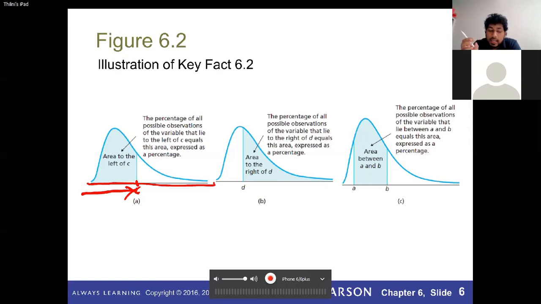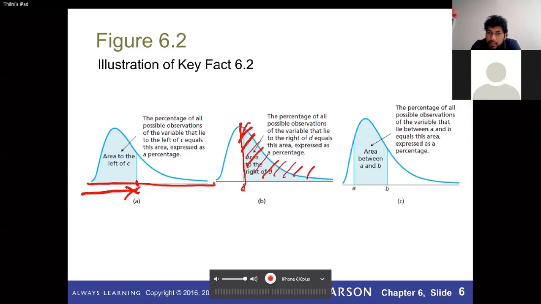Here the value is C, so the area to the left of C means values from your left hand side up to point C. Area to the right of D, here you can use D, means whatever starts from D and goes to your right hand side.